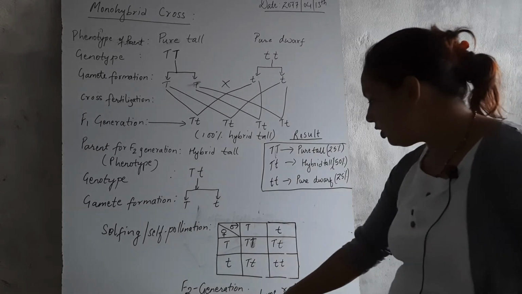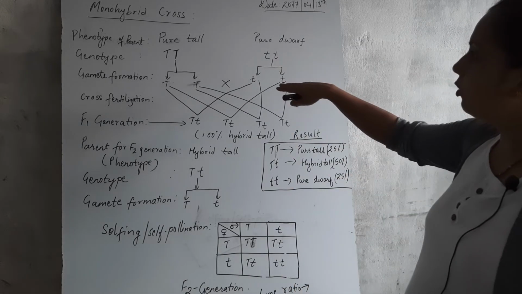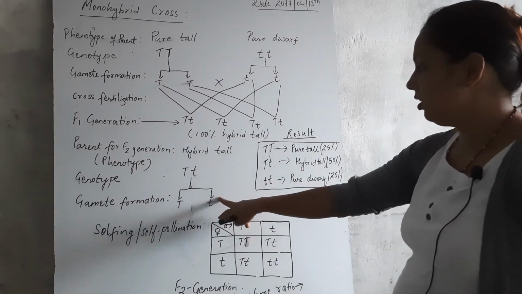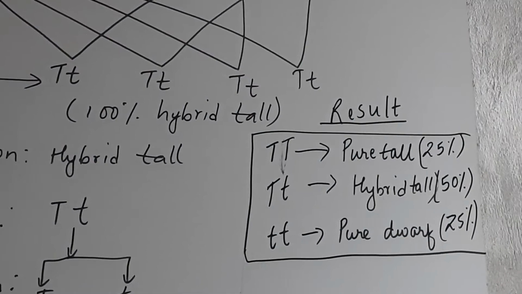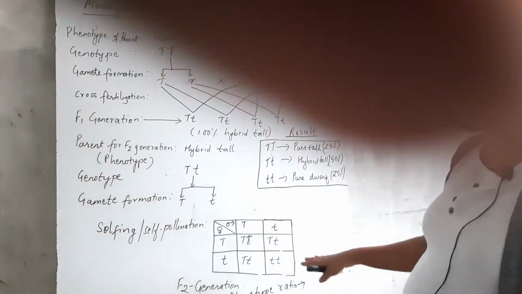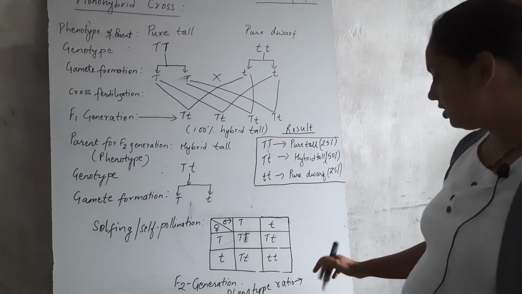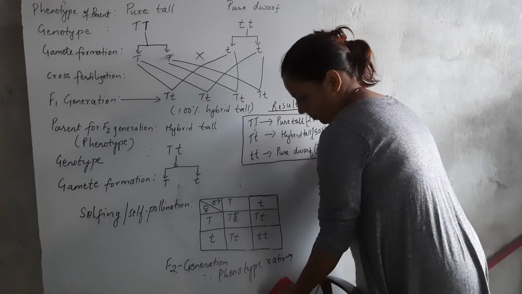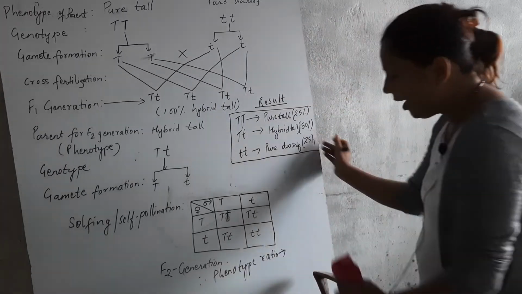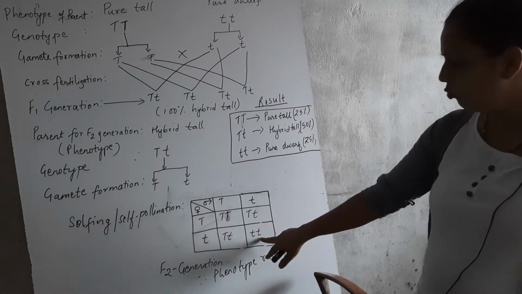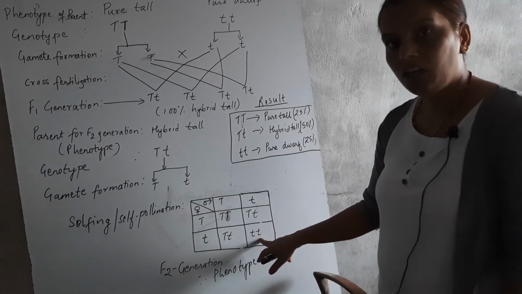That's why phenotypically, while making the cross between the hybrid organisms in F2 generation, we can obtain the result that out of the four offsprings formed in the F2 generation, three are found to be tall, they express tall, and one organism is found to be dwarf.